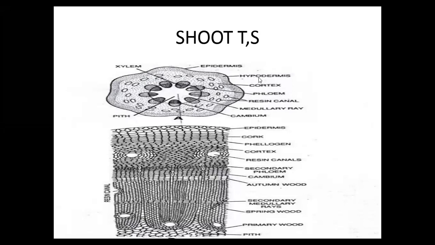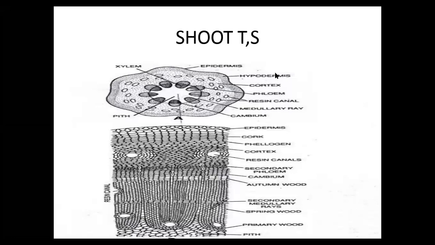First we discuss the hypodermis. Hypodermis is present below the epidermis. It is mainly made by collenchyma tissue. The collenchyma tissues are mainly filled with chloroplast pigments, so we call them chlorenchyma.